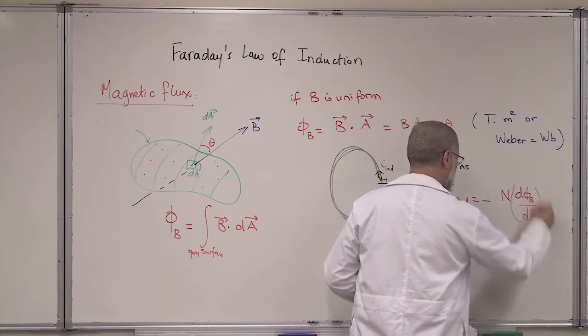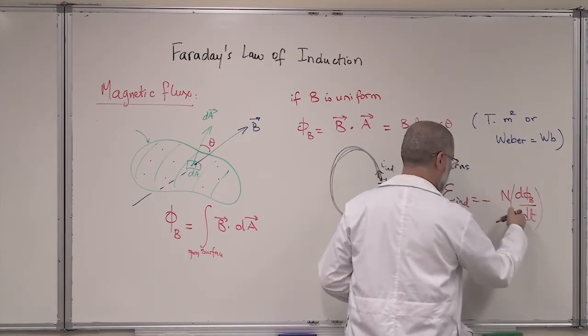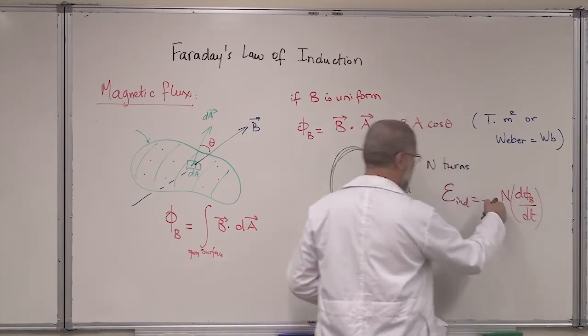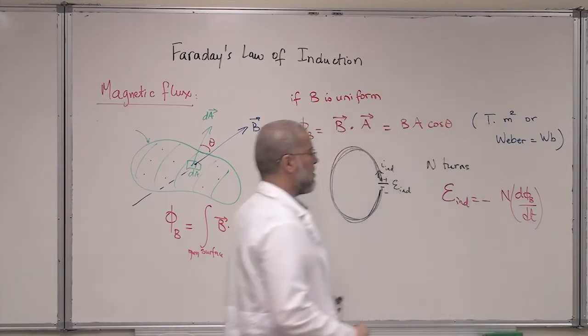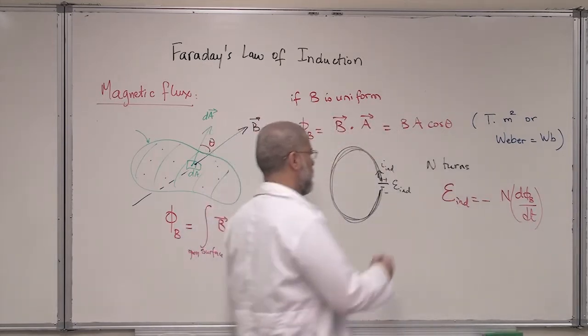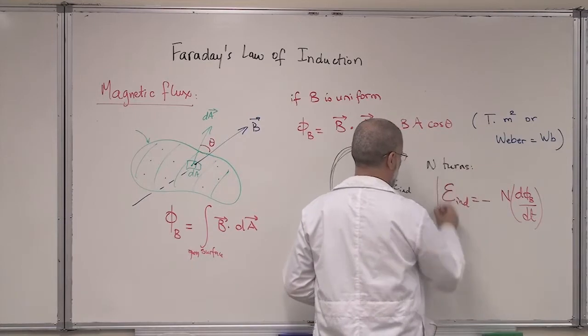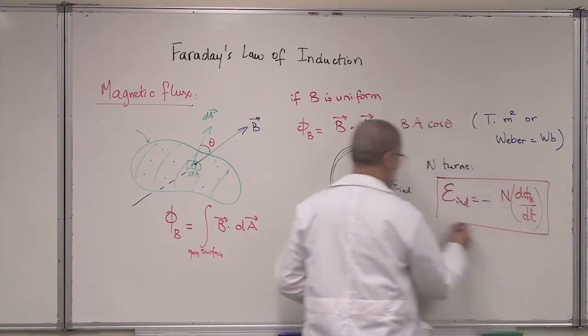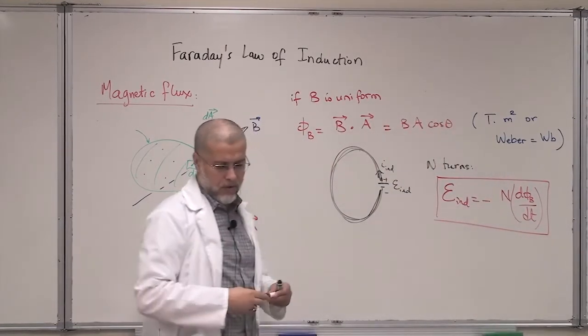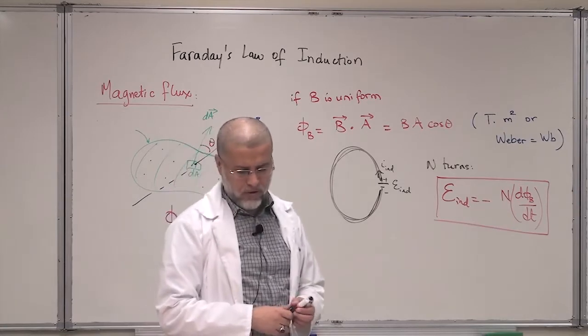This is the time rate of change of the flux through one coil, multiplied by N, the number of turns, which gives you the induced EMF. That's Faraday's law for a coil which has more than one turn.